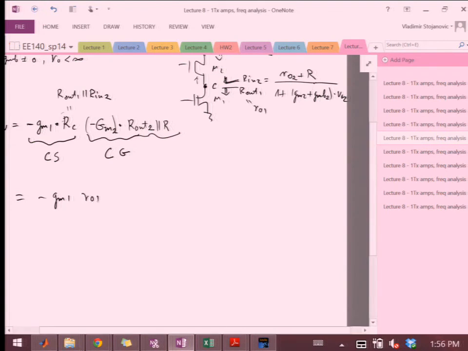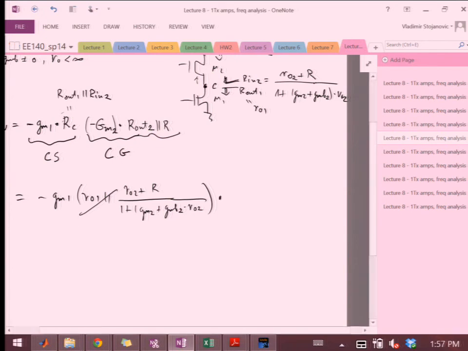So I'm going to have R01 in parallel with R02 plus R over 1 plus GM2 plus GMB2 times R02. Now, I don't really need to write all this because I should know from the get-go that this R01 is much, much bigger than something that's approximately 1 over GM, or 1 over GM plus GMB, right? So I could just safely say I don't care about this R01, even in these more complex expressions, okay?